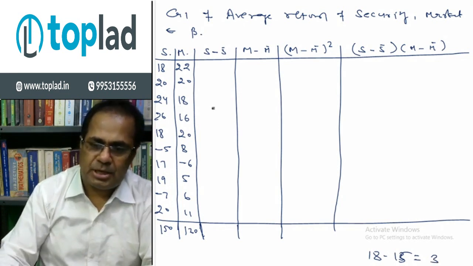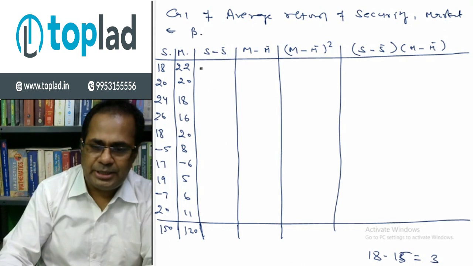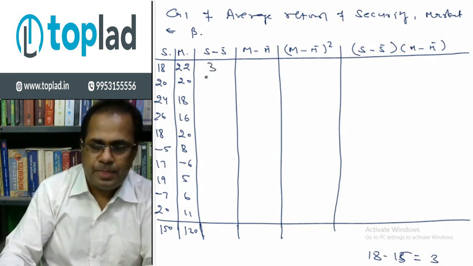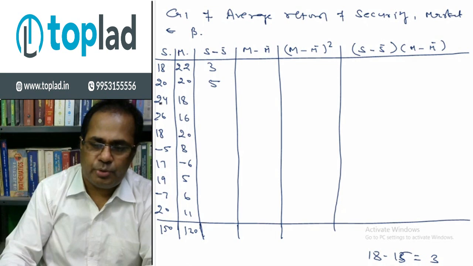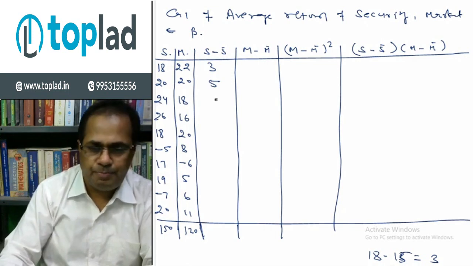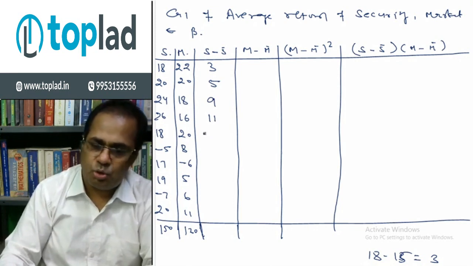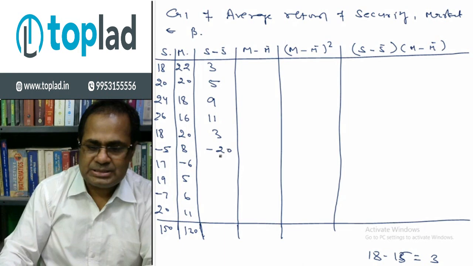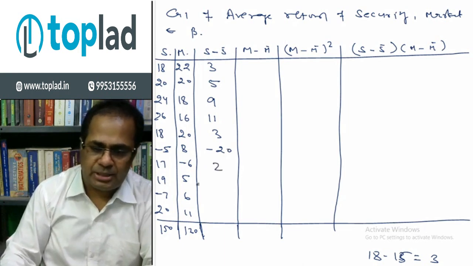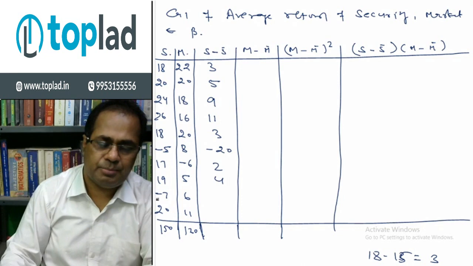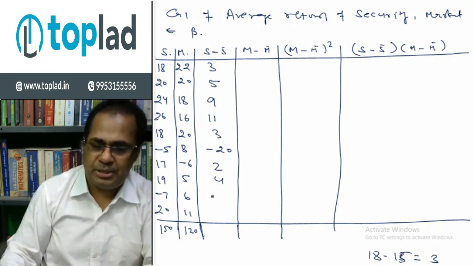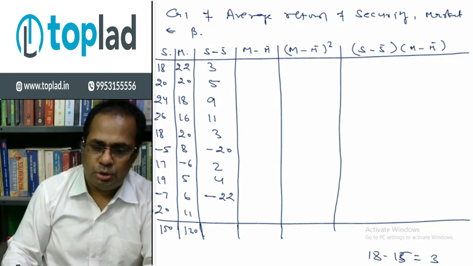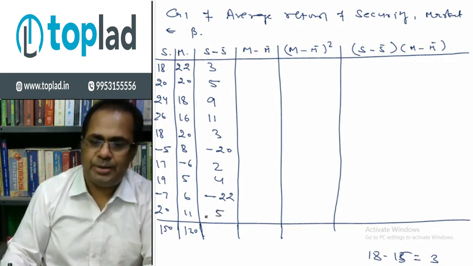Minus 5 minus 15, minus 20. 17 minus 15, 2. 19 minus 15, 4. Minus 7 minus 15, that equals minus 22. 20 minus 15, that equals 5.